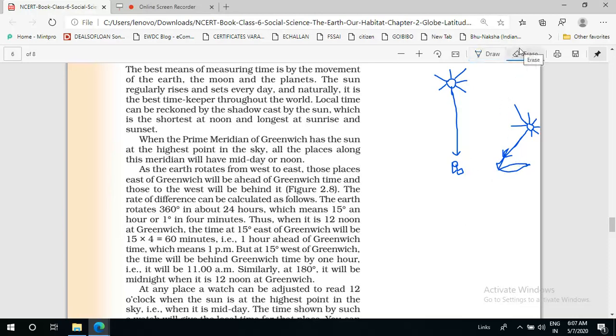So in this way we can see how people used to know about the time when there was no watch. The sun was the only source, the shadow created by the sun was the only source of time for the people.